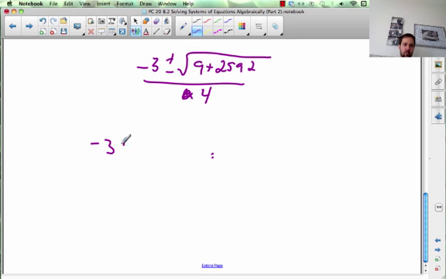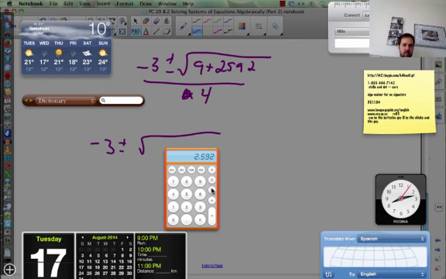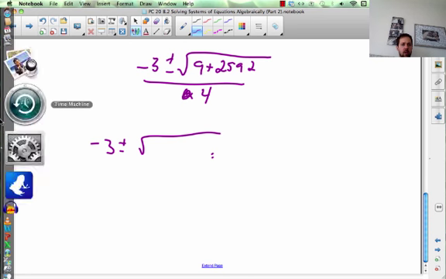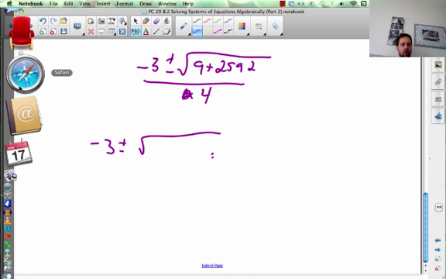Negative 3 plus or minus 2592 plus 9 equals 2601. Doesn't look like a perfect square because of the fact that there's a 1 at the end, but you never know because 9 times 9 is 81, so it has a 1 at the end.